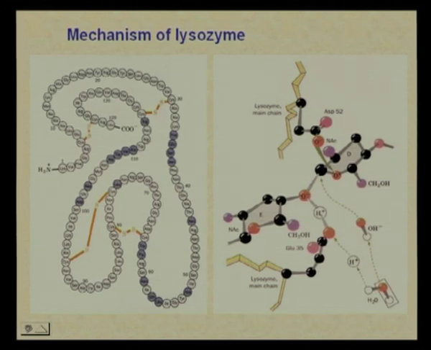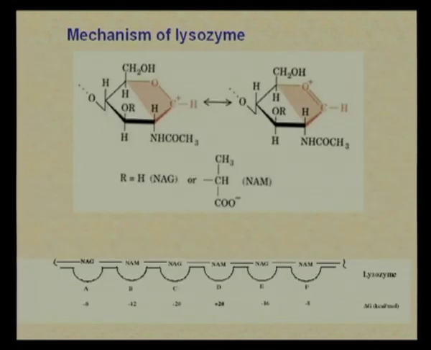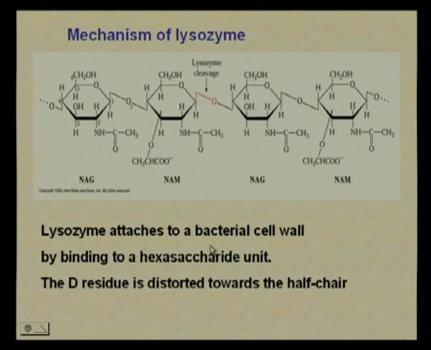and the lysozyme active site can accommodate 6 NAG-NAM parts of the bacterial cell wall, and it will cleave between moieties D and E. So, we have our NAG, we have our NAM, we have a NAG-NAM set of 6 such units which fit into the active site, and the cleavage is going to occur between the D and the E. So, this is what we have.